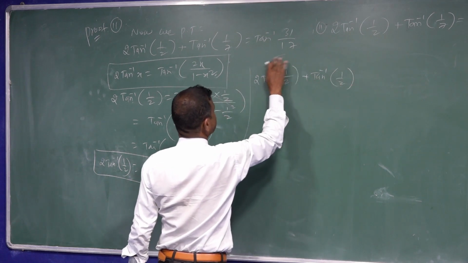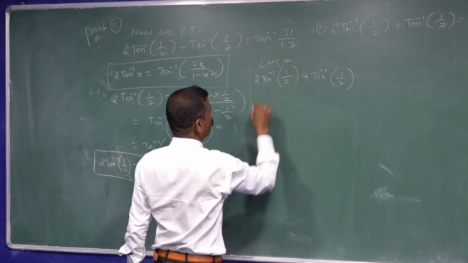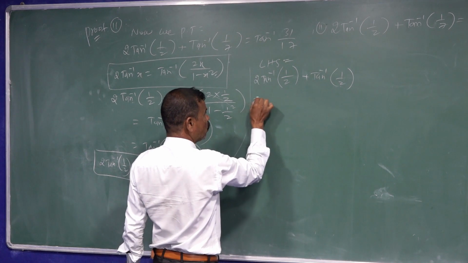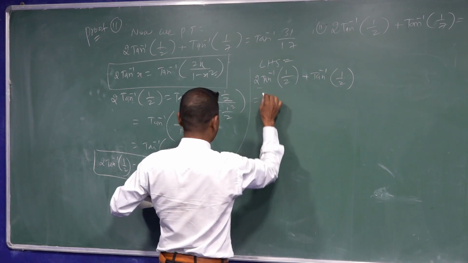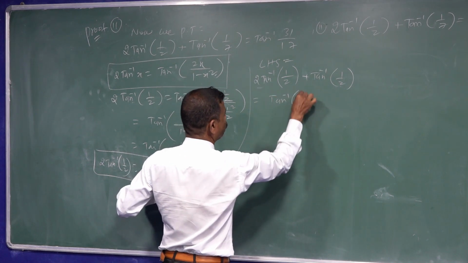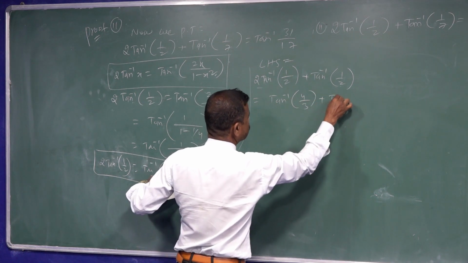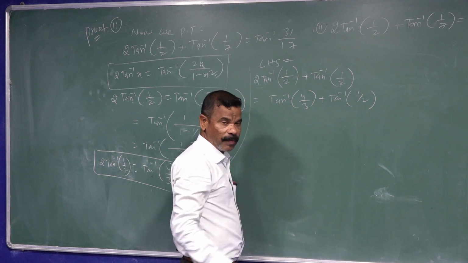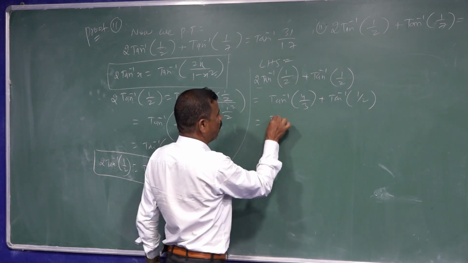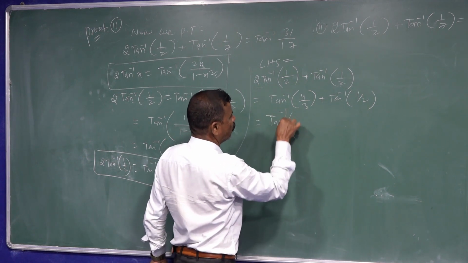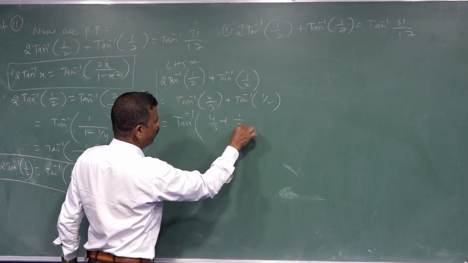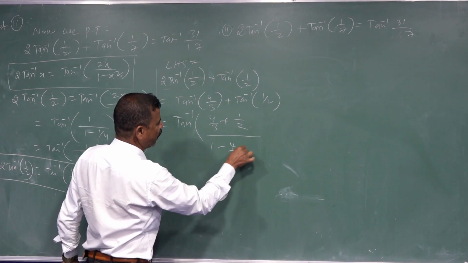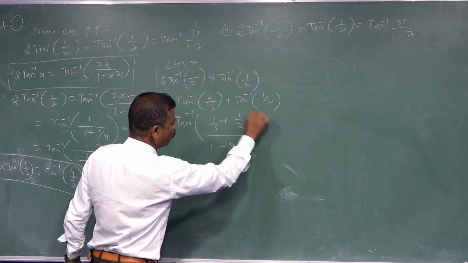This is the LHS value. So this is equal to tan inverse of 4 by 3 plus tan inverse of 1 by 7. So this is also the tan inverse x plus tan inverse y formula. Tan inverse of (4 by 3 plus 1 by 7) by (1 minus 4 by 3 into 1 by 7).